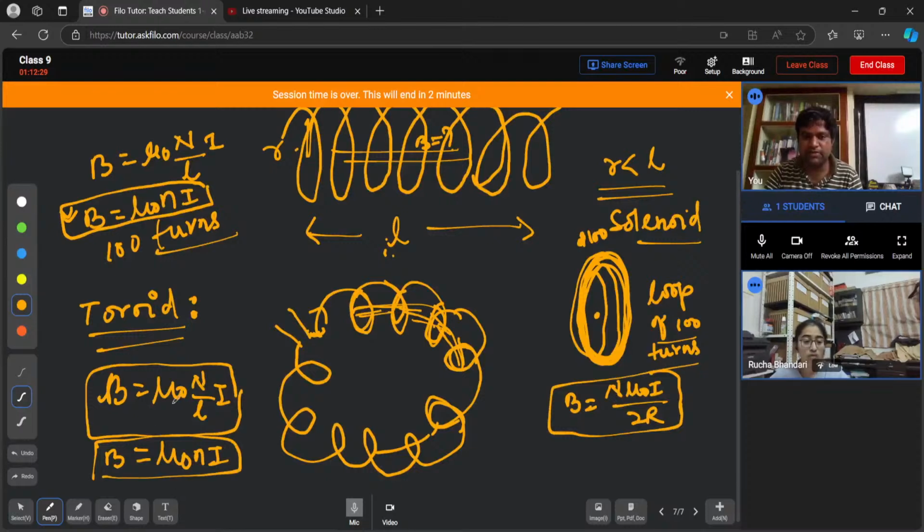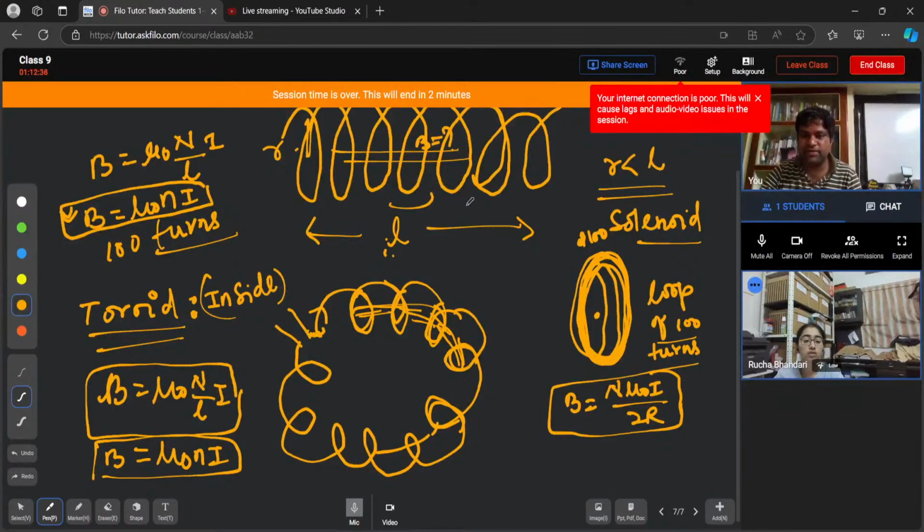This is the magnetic field inside. Outside, the magnetic field strength is spread out, so the strength is very small, approximately 0. For both solenoid and toroid, the magnetic field outside is very small, approximately 0.